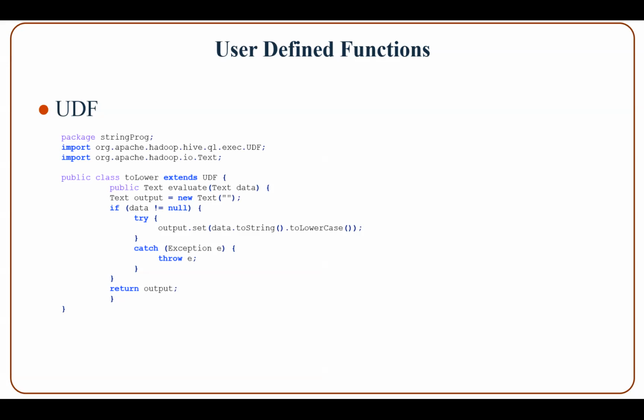So the code is very simple. It simply checks if the data is null or not. If it's null, then throw an exception, and if not, then just convert the data to string and then to lowercase, and at the end return the output.